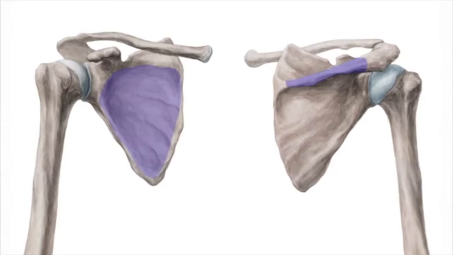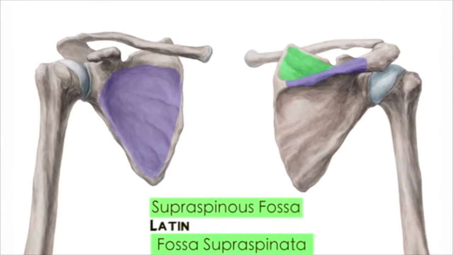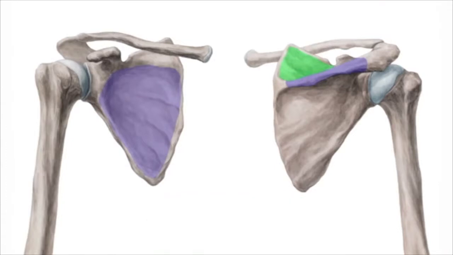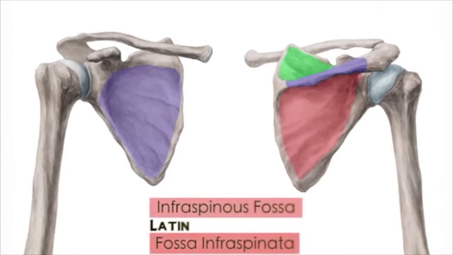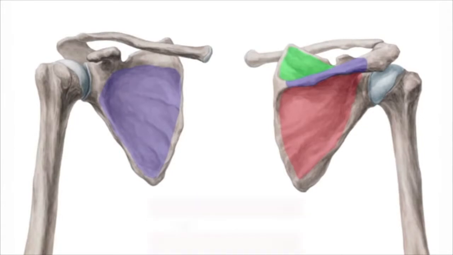And these are the supraspinous fossa, supra meaning above the spine, and also an infraspinous fossa, meaning below the spine. Well, one important notice here is that the infraspinous fossa is much larger than the supraspinous fossa.